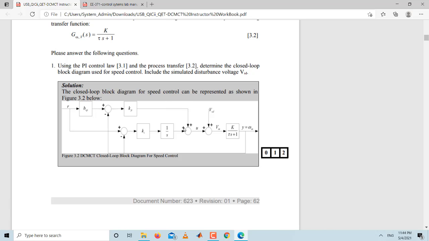And since you know that this controller input is going to pass through your DC motor, and that DC motor has a transfer function K by tau s plus 1, the control input and the disturbance voltage would collectively make your input voltage Vm, and the output would be Y, or speed, and the block for your motor would be simply the block of your transfer function. So this is the solution of your first question. I want you to write these down in your notes.